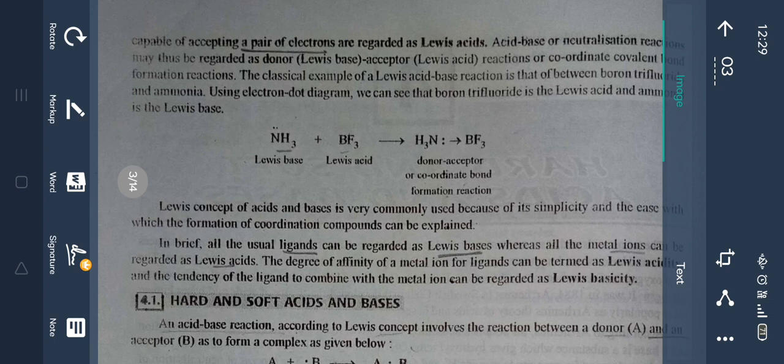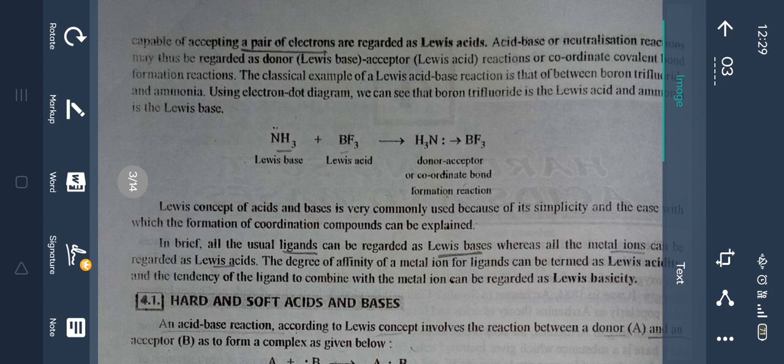The classical example of a Lewis acid-base reaction is that between boron trifluoride and ammonia. Using electron dot diagrams, we can see that boron trifluoride is the Lewis acid and ammonia is the Lewis base.